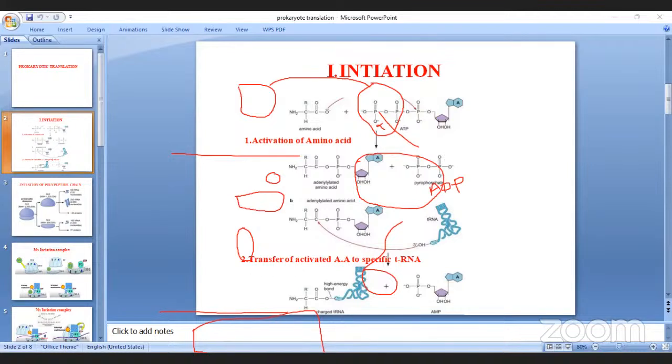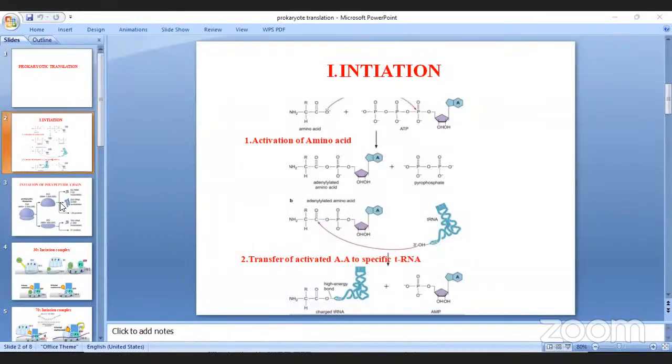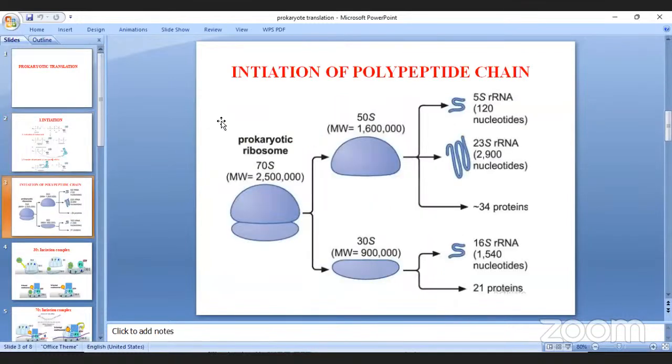Yes, sir. Now, initiation of polypeptide chain. Initiation of polypeptide chain requires ribosomes. Here, as it is prokaryote, the 70S ribosome is required. I already told you another requirement is the ribosome.